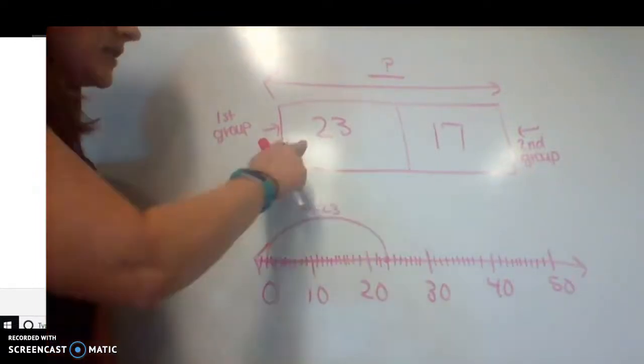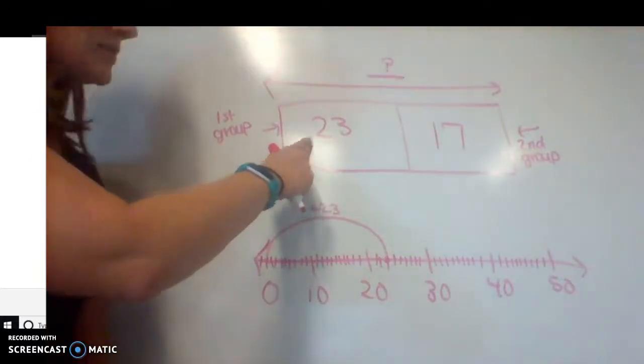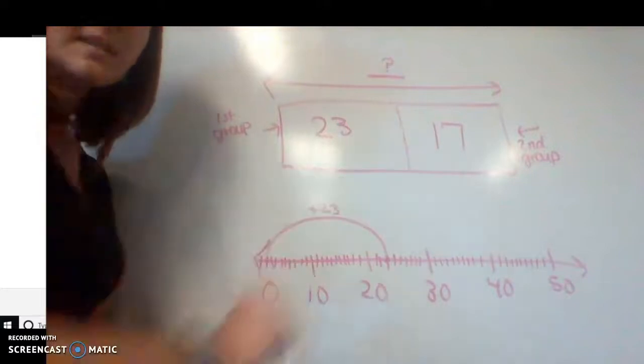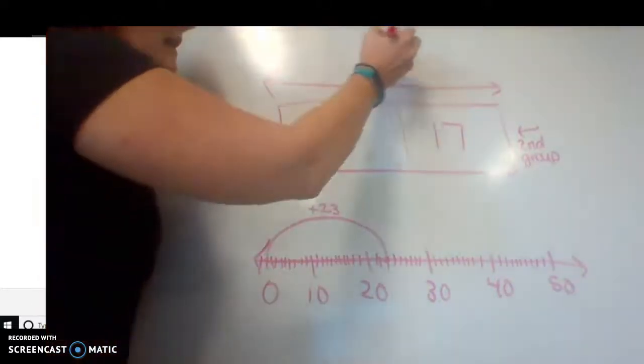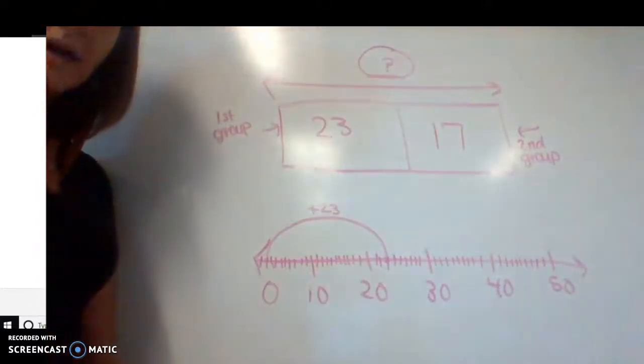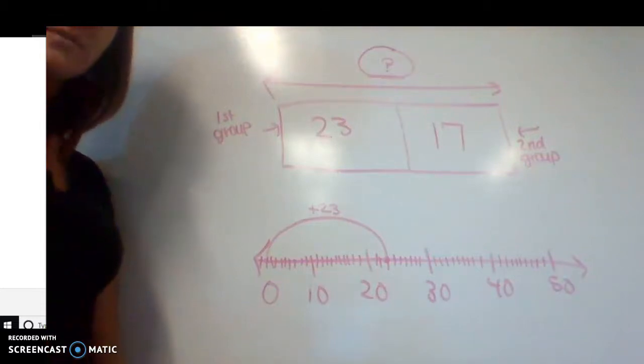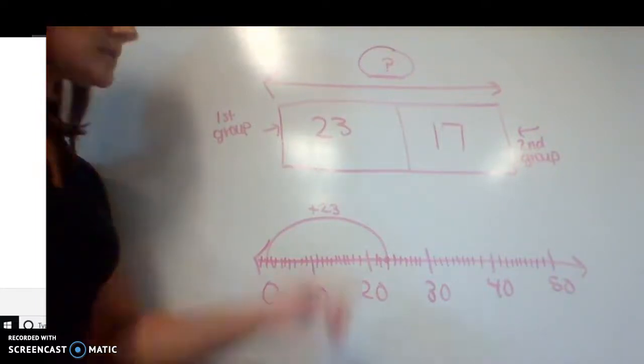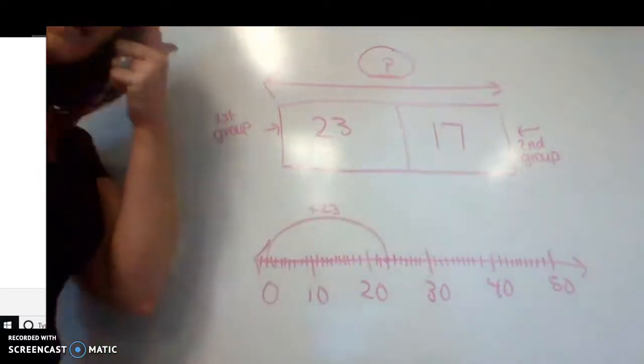So I put down our first reading group she spent 23 minutes with. Our second reading group she spent 17 minutes with. They want to find what is the total amount. So we do not have the total here. So one way that we can solve this problem is by adding these 2 numbers to get to the total amount. So I have 23 plus 17.